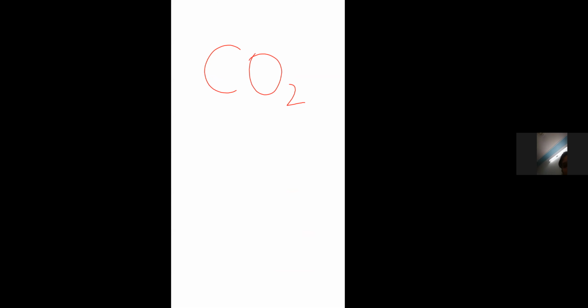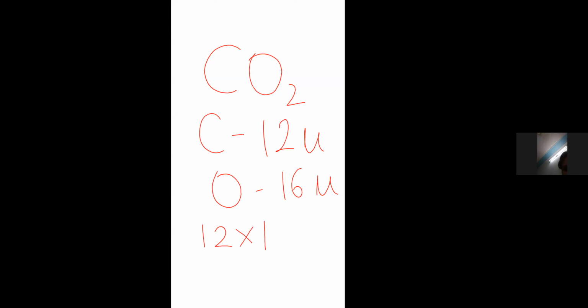So tell me for carbon dioxide. Carbon has mass 12 u. Oxygen 16 u. How many atoms of carbon are here? One atom, 12 into 1.